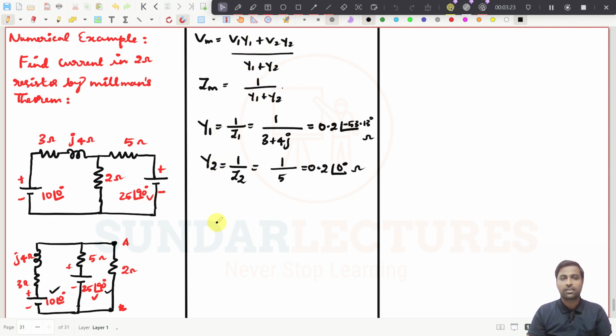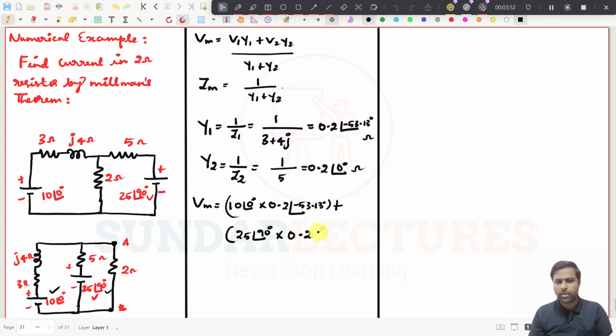Now you can substitute in this expression. Vm is equal to V1, which is 10 at an angle of 0 degree, into y1, which is 0.2 at an angle of minus 53.13 degree, plus V2, which is 25 at an angle of 90 degree, into y2, which is 0.2.